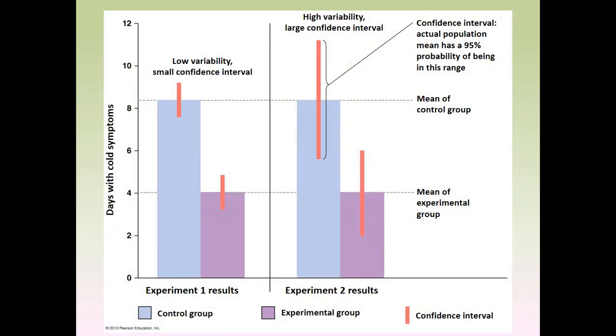So when we're looking at data, let's go back to looking at our control group versus the group that received the throat lozenge, the zinc lozenge. Here, let's say we had a very large sample size, and thus we had a small confidence interval. All right.